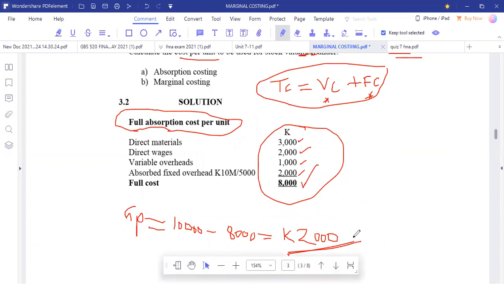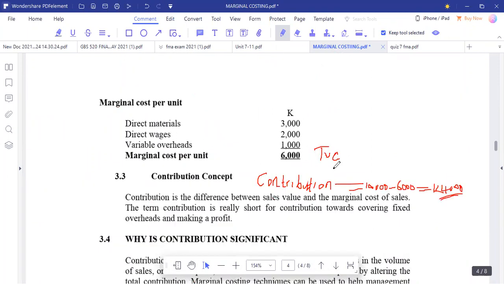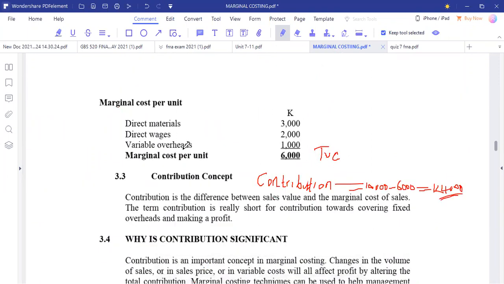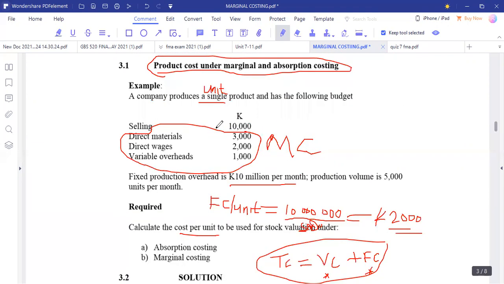Then we got 2,000, which is the gross profit in terms of absorption costing. In marginal costing, the total variable cost was 6,000. You don't consider the 2,000 fixed cost. You look at the sales minus the total variable cost of sales. So our 10,000 minus 6,000 gives us 4,000. This is the contribution as per the first example that we've looked at.